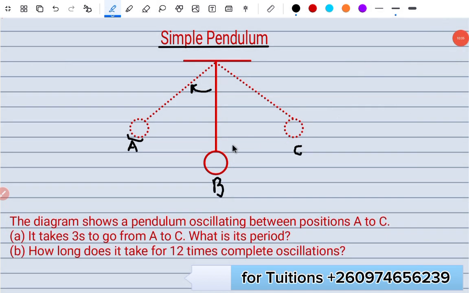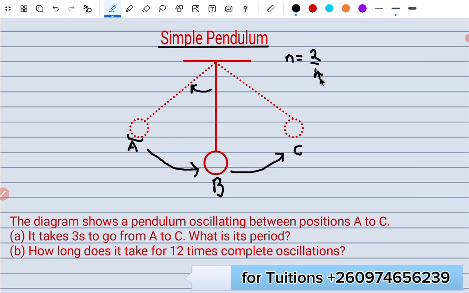Okay, so we have another question here. The diagram shows a pendulum oscillating between positions A and C. It takes 3 seconds to go from A to C. What is its period? So it moves from A to C like this. So here the number of oscillations will be how many? It moves 1, 2. So this will be 2 over what? The total is 4.